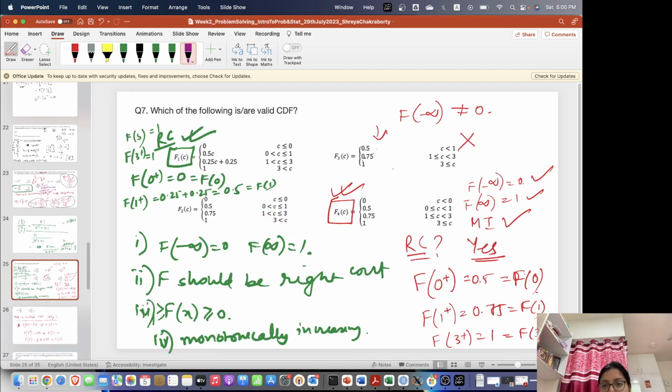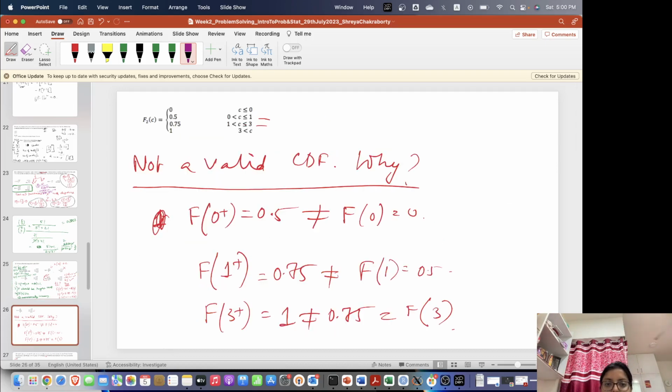So here, this one was not a valid CDF, because if c is very close to 1, but not 1, slightly greater than 1 also, f(c) is taking value 0.75. But at 1, the function is defined as 0.5.